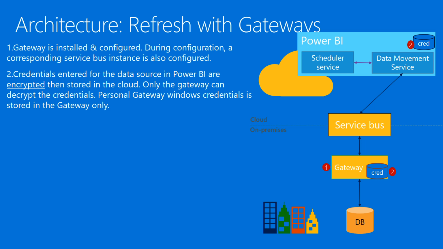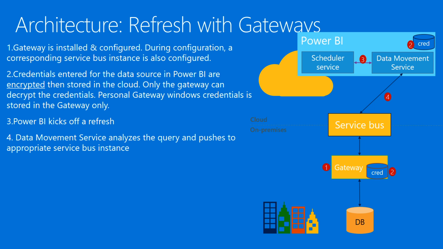So when you enter your credential to the data source in Power BI, we store it encrypted in the cloud, and the only way to have it decrypted is on the gateway machine itself. So we don't know what your password is, what your credentials are on the cloud. Only when you kick off a refresh or you open the dashboard, that's when we decrypt it on the gateway machine, and the gateway will send a query to the data source.